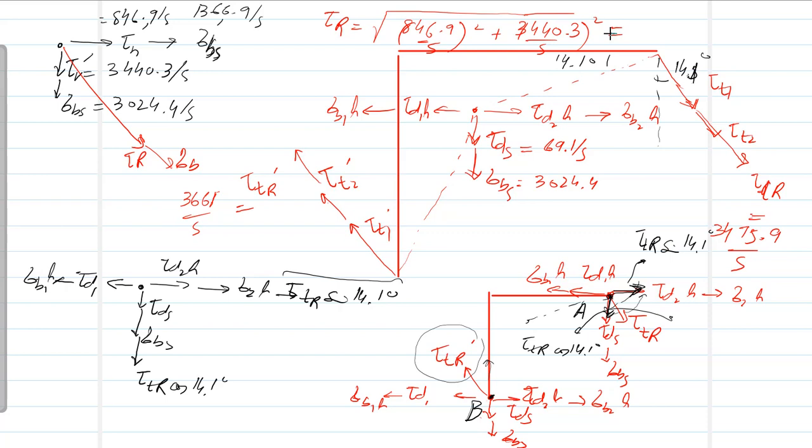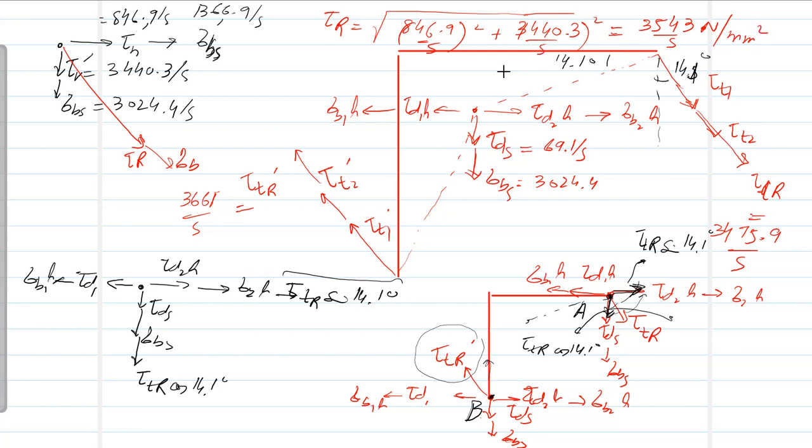So that will become 846.9 square plus 3440.3 square, under root, answer. You get 3543 divided by s Newton per millimeter square.